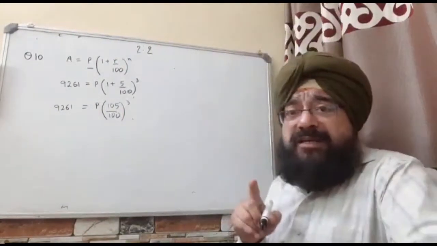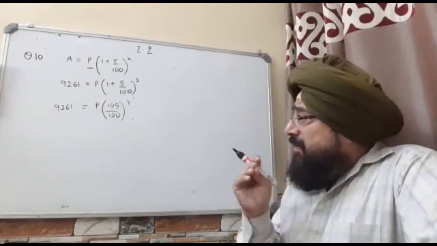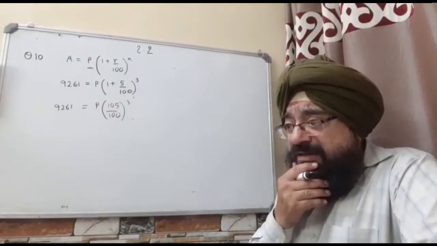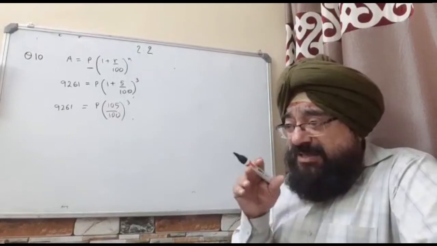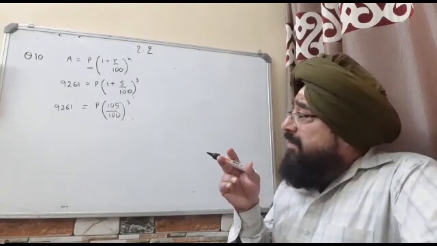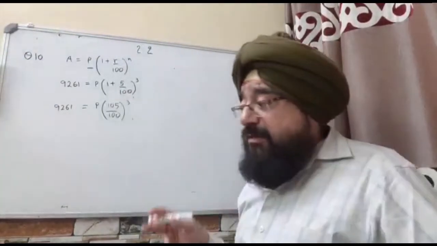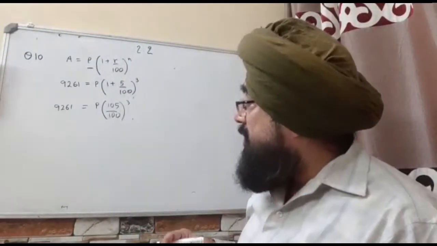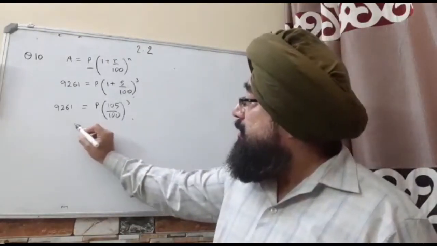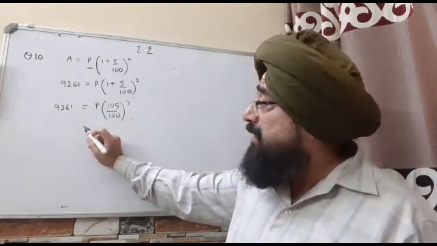9261 appears to be a kind of repeated type of number in my mind. I could think of something cube. 9261 is something cube, so we'll go for cubes. 9261 is a cube of something. I mean, cube of what? We'll just recall. In the meantime, you keep thinking. 9261.